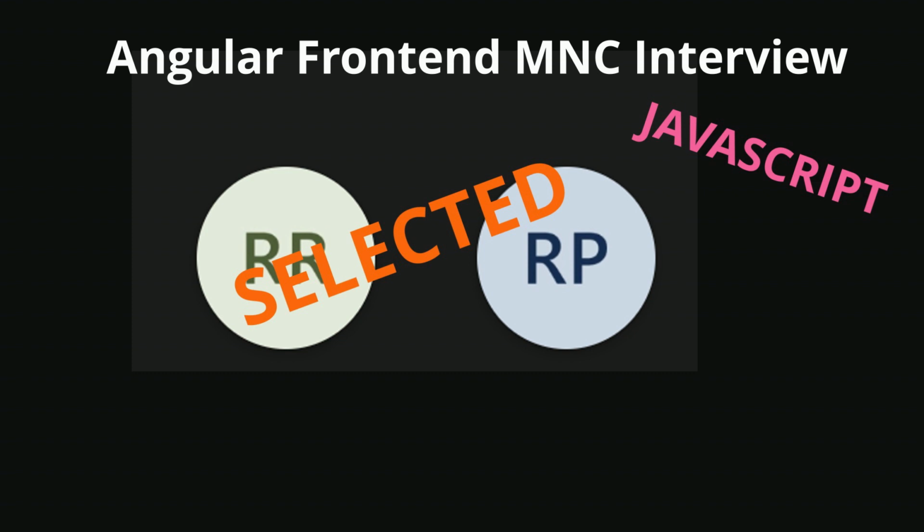How can you use Angular pipes to transform data efficiently? Pipes are used for the transformation of data. Let's say in the UI we are getting a date from the backend.